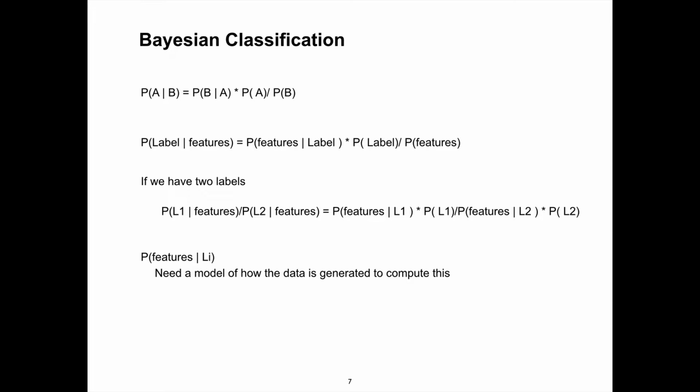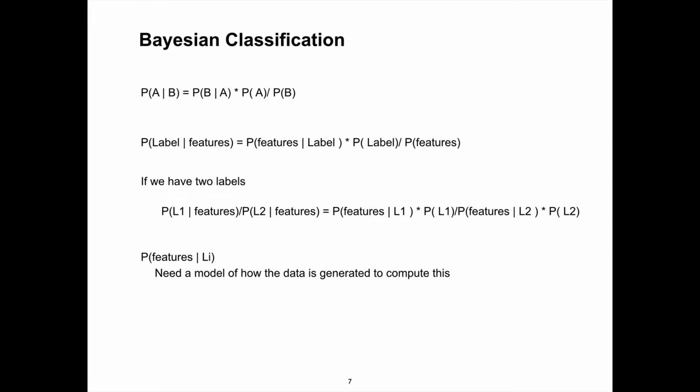Given our data set, we can say, okay, what's the probability of a given feature given that it's label 1? Well, that we can compute from our data. We can also compute the probability of a label 1 occurring because we have our data. We can use that estimate. And so we can use this equation to start using Bayes' theorem based on our data.